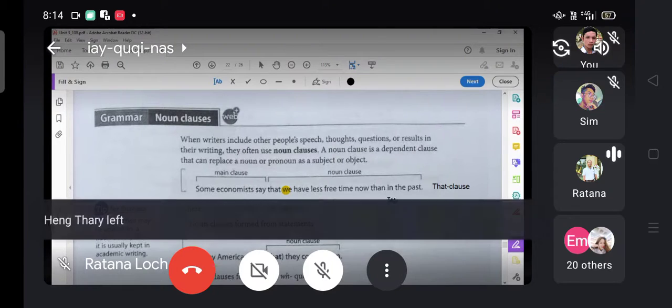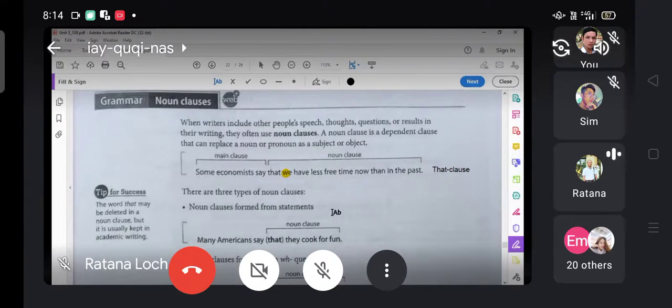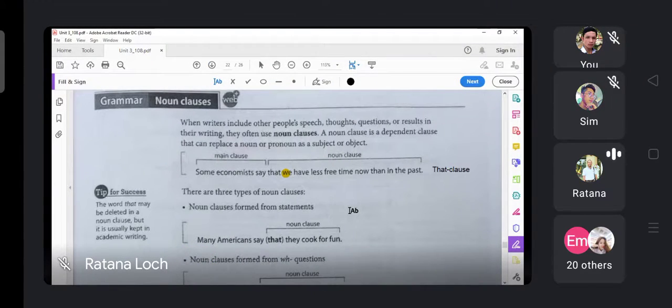So I think that I will start to explain a little bit and ask you some questions. When a writer includes other people's speech, short questions or resources in the writing, they often use noun clauses.